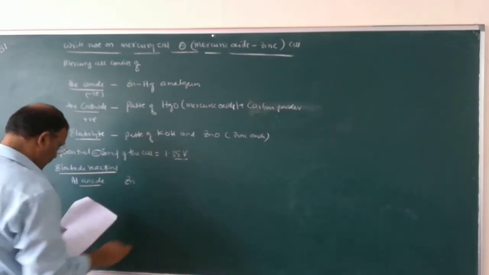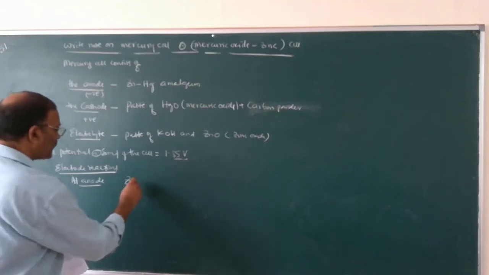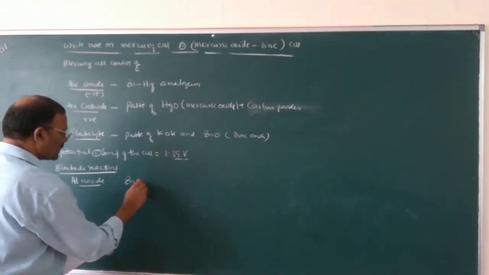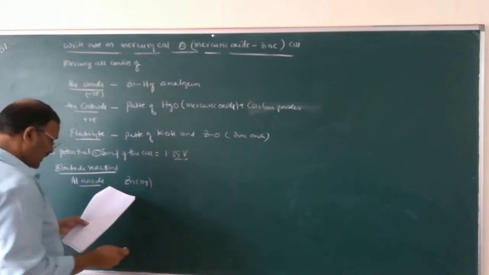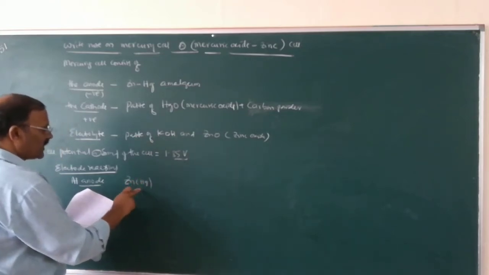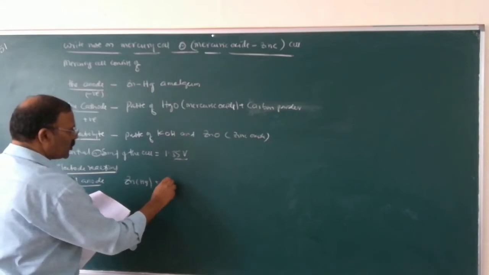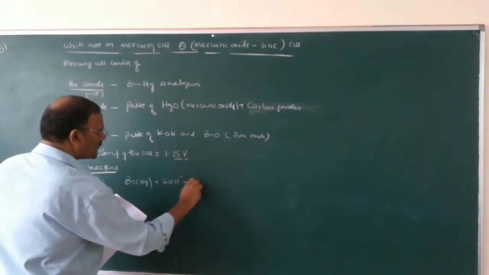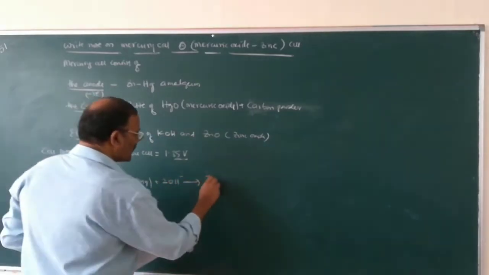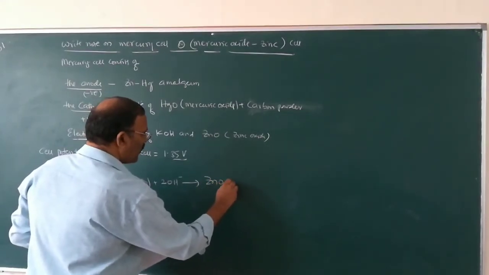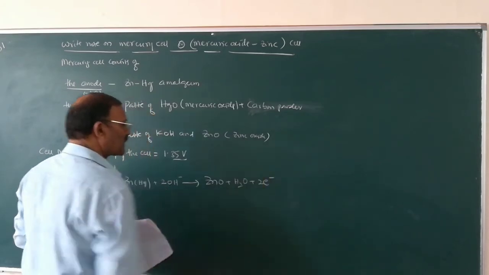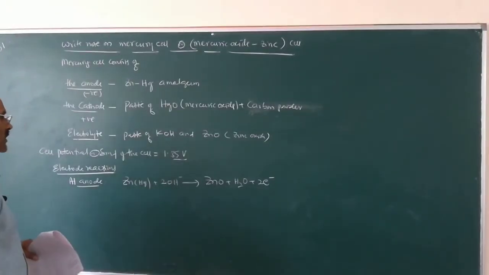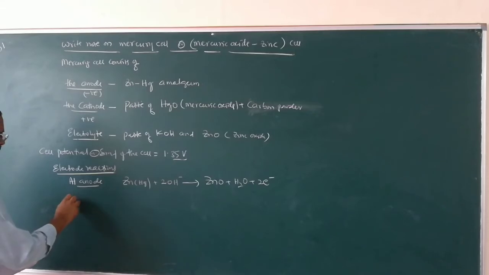Zinc undergoes oxidation: Zn(Hg), this is zinc amalgam, plus 2OH minus gives ZnO plus H2O plus 2 electrons. So this is oxidation at anode.